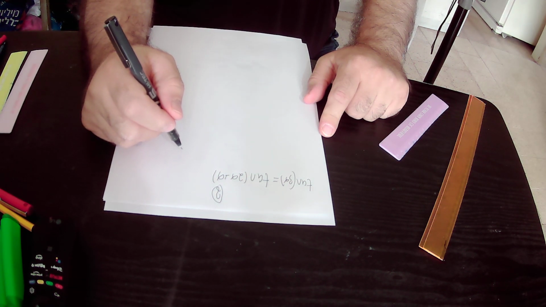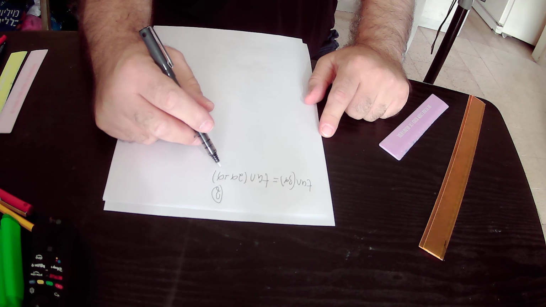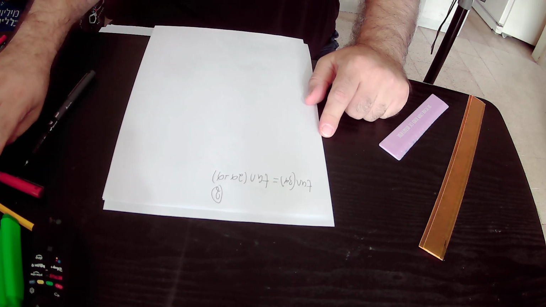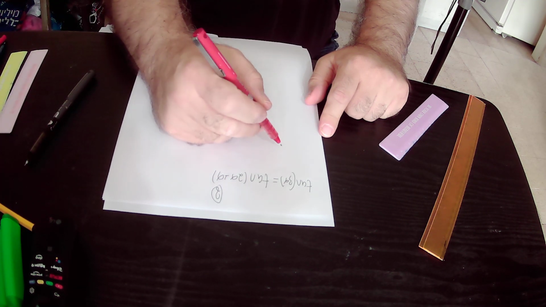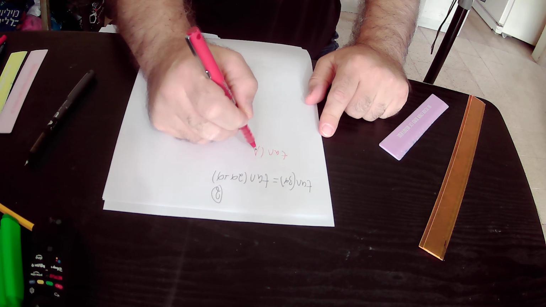In order to find the value of tangent of 2 alpha plus alpha, I will present a new trigonometric identity for tangent of a plus b.